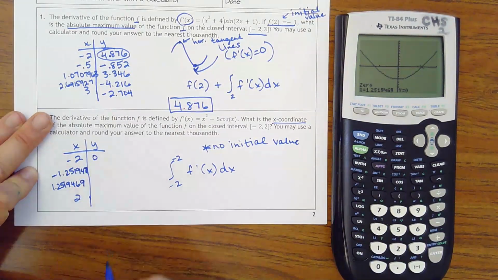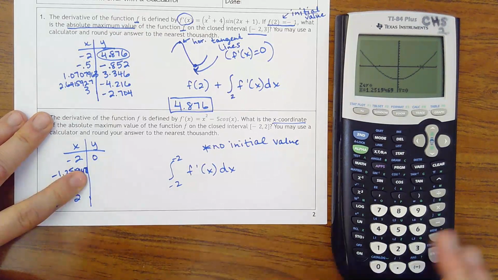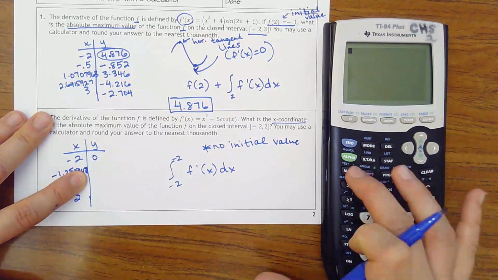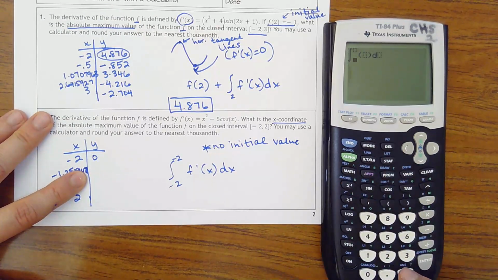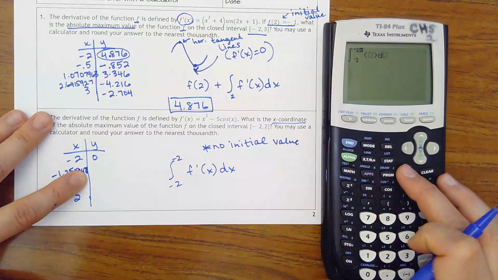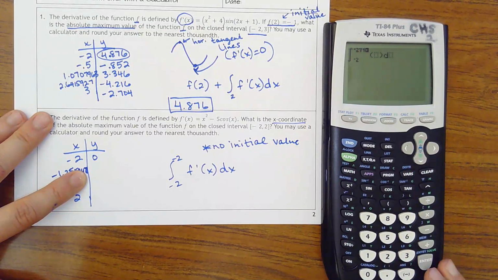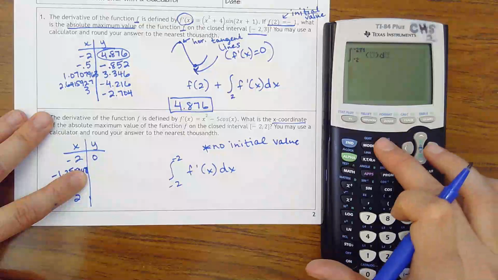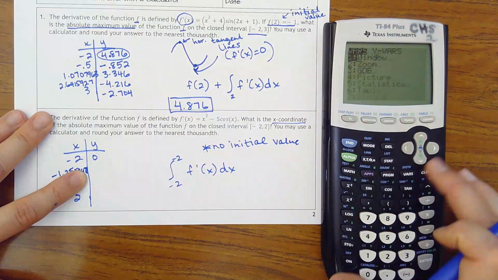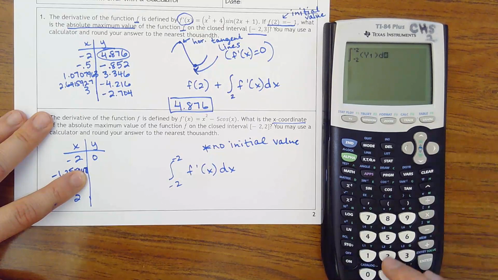So this would automatically be 0. And you could see that by putting in math 9 from negative 2 to negative 2. And you'll just see it's 0.